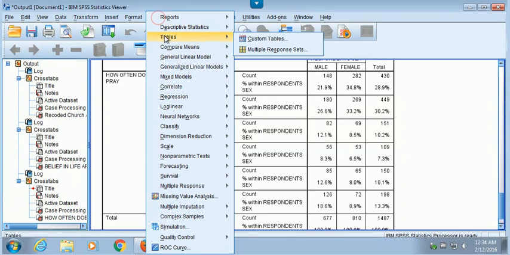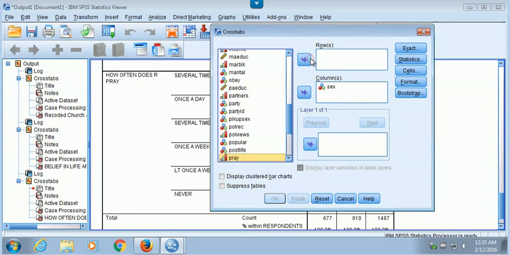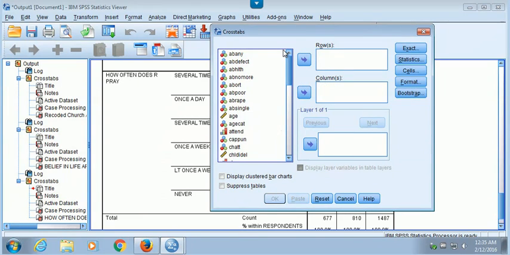So again, we're going to go to Analyze, go to Descriptives, go to Crosstabs. We're getting rid of both pray and both sex. And what the book would like you to do is have age be our predictor or our independent variable and church attendance be our dependent variable.